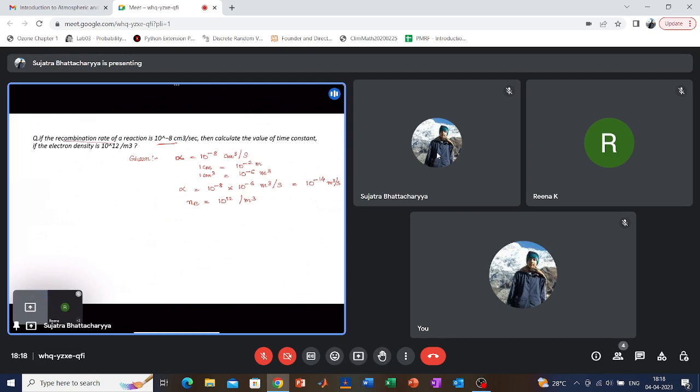Now you have to calculate the time constant. What is the formula of the time constant? The time constant of all these reactions which generally take place in the ionosphere is given by tau equal to the recombination rate alpha times the number density to the power minus 1, or 1 by alpha into N. Therefore, this time constant tau will be 10 to the power minus 14 into 10 to the power 12, to the power minus 1.